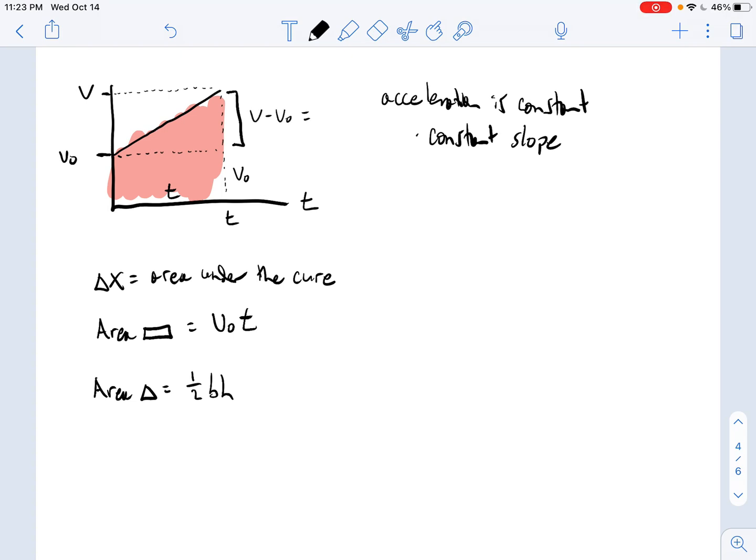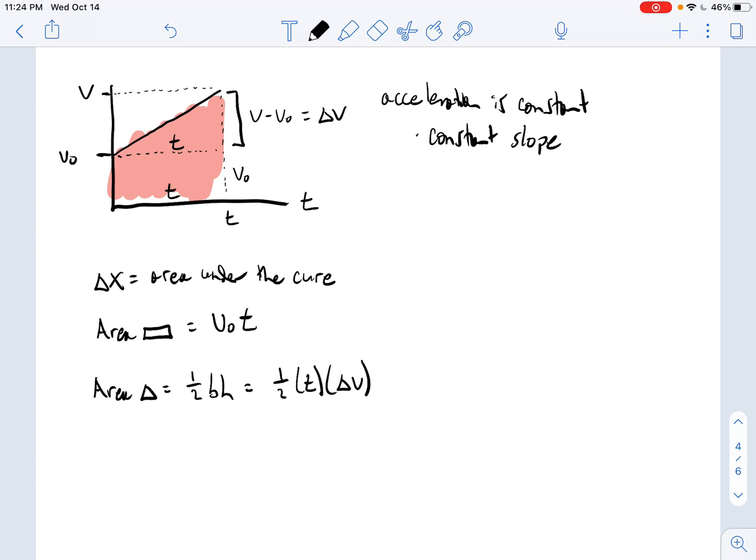Same thing, we can call this our delta v here. And our base is going to be t. So we're going to say area is going to be equal to 1/2 times our base of t times our height of change in velocity.